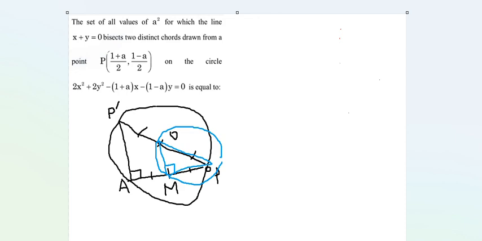We know that P is given, so we definitely need to find the radius of the original circle, so we can find the radius of this blue circle. And then we also need to find the center.